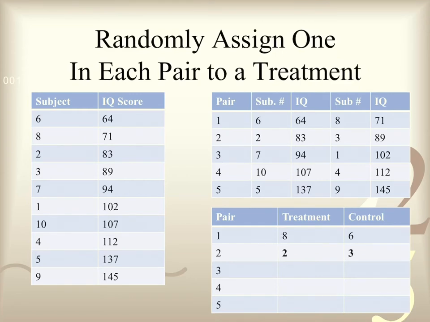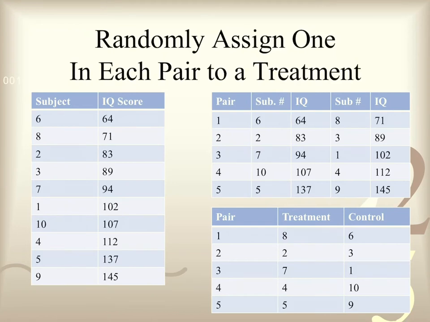We do the same thing for the second pair. Here, this participant happens to go into the treatment group. Again, remember in this first one, that person went into the control group, so it's already starting to balance out a little bit. And we do the same thing for each one. Sometimes the higher IQ person goes into the treatment, sometimes into the control group.